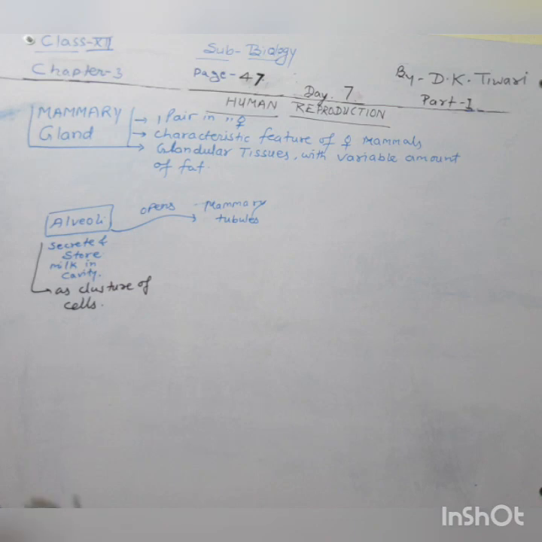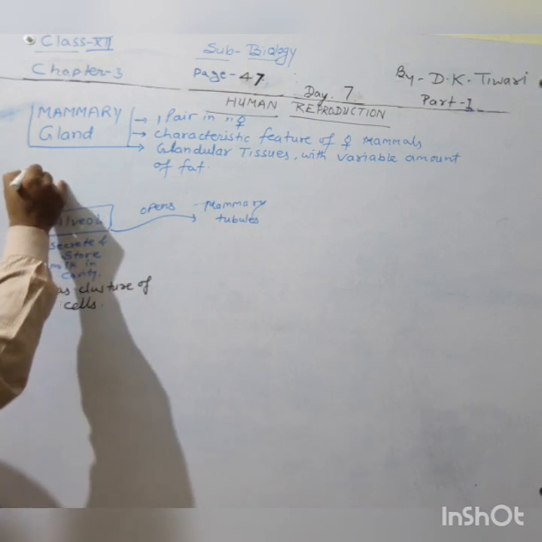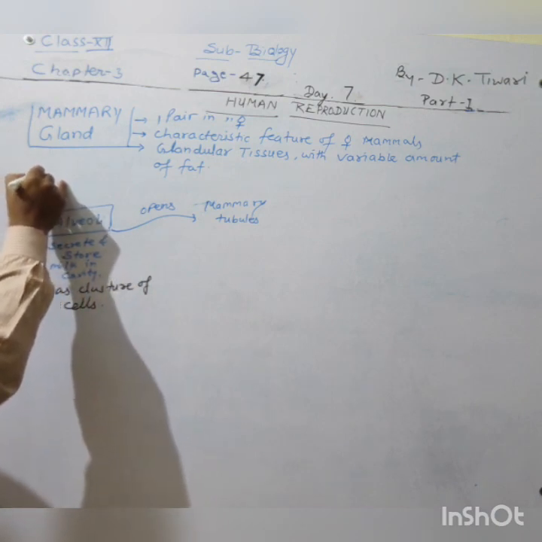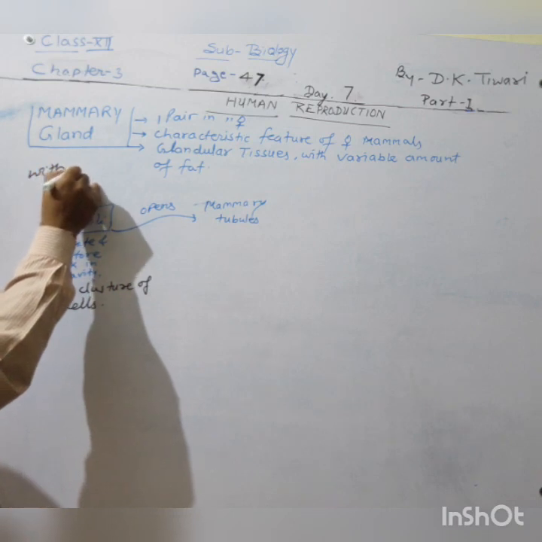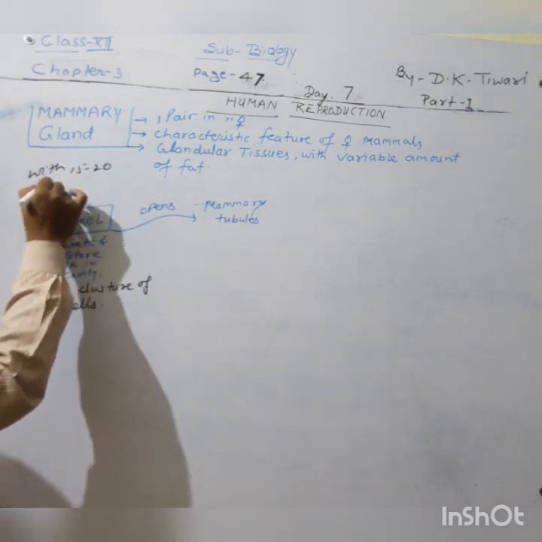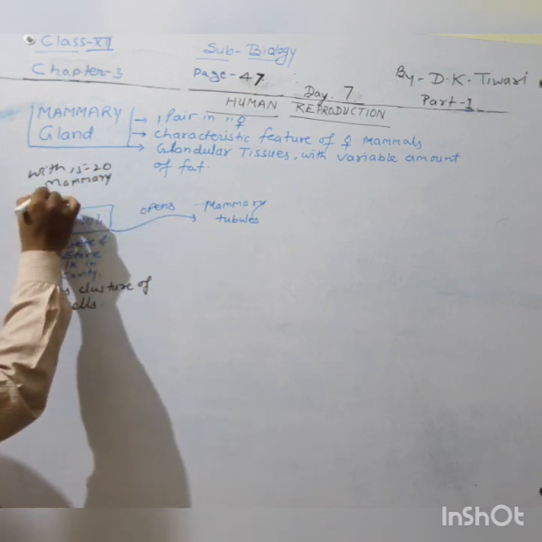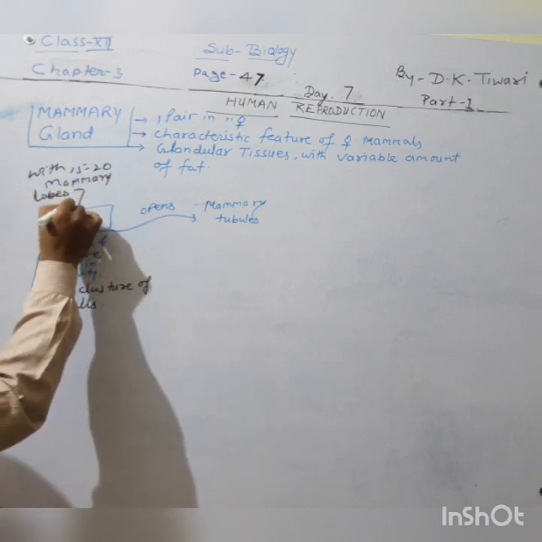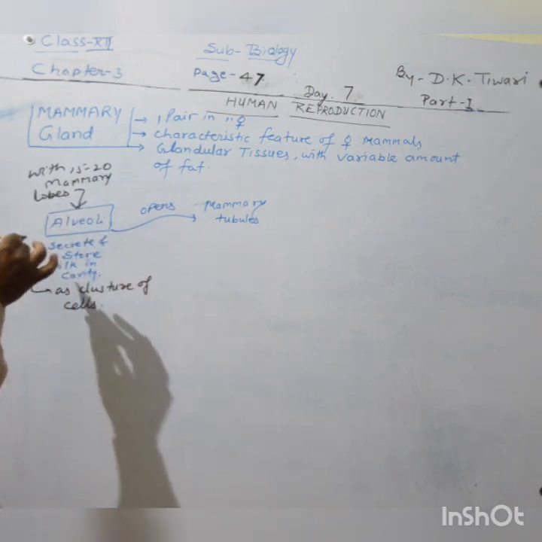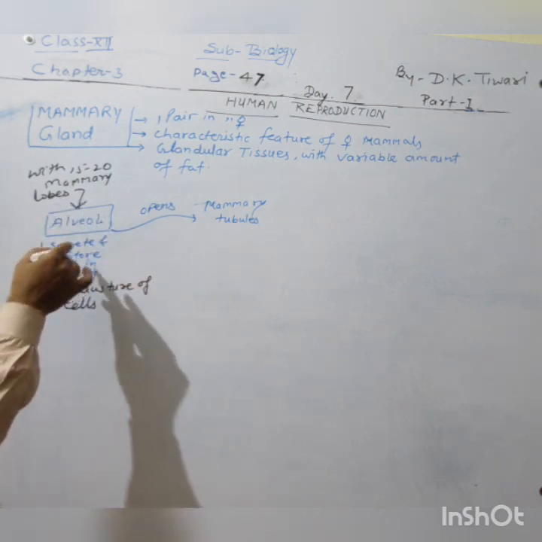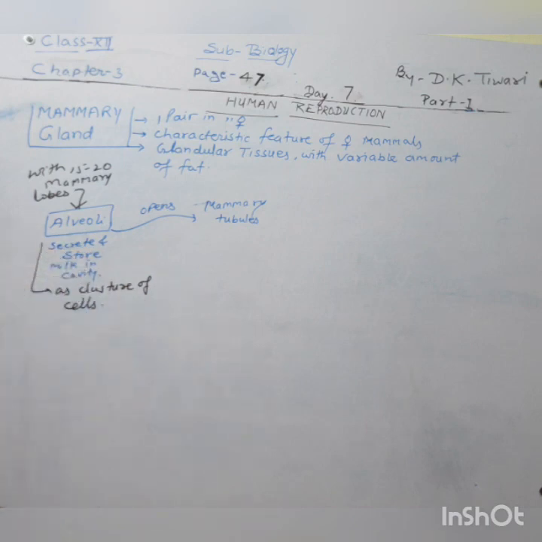And one more thing about the alveoli, that alveoli are present with 15 to 20 mammary lobes. These alveoli are cavity-like structures secreting and storing the milk in their cavity, and these are clusters of cells.